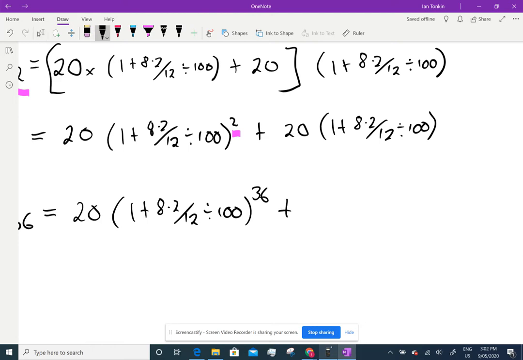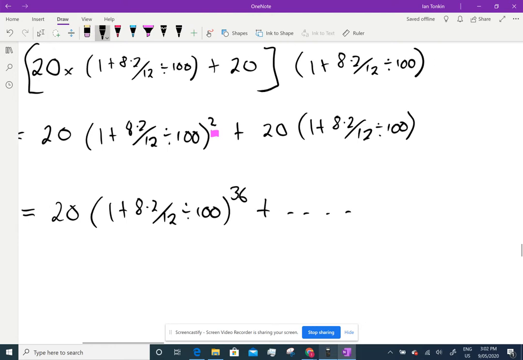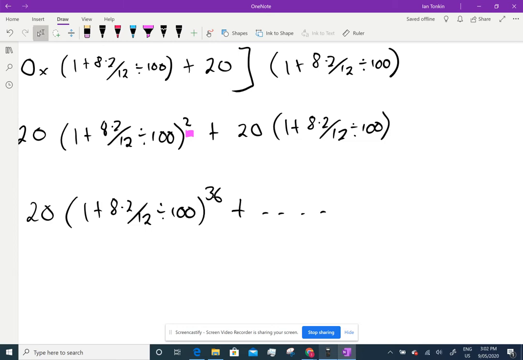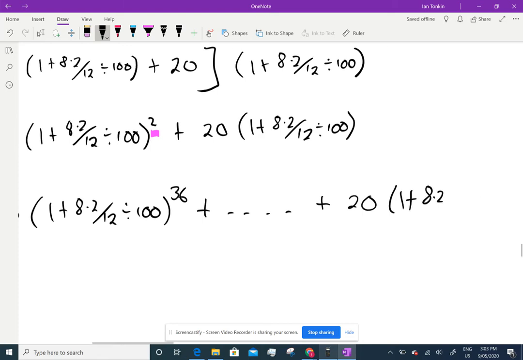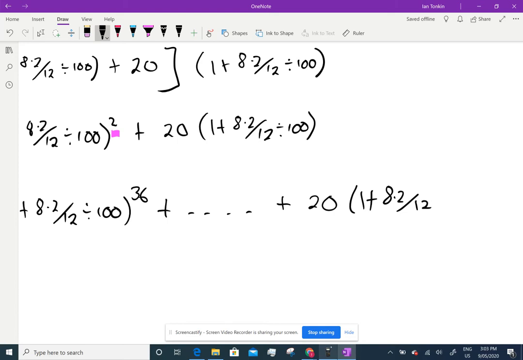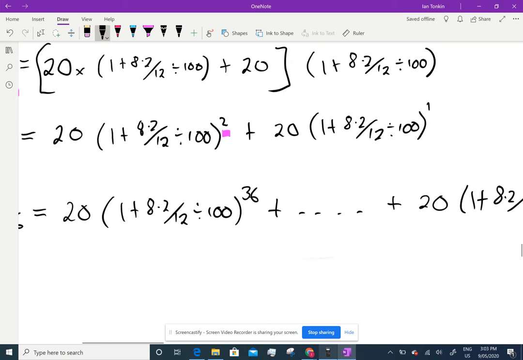Plus dot, dot, dot. I'm going to have the same thing from 36, so 35, 34, 33, all the way down till I get to 20(1 plus 8.2 divided by 12 divided by 100) to the 1.